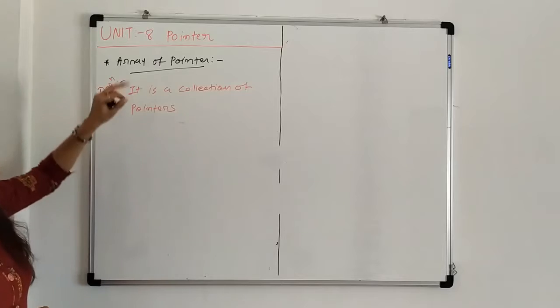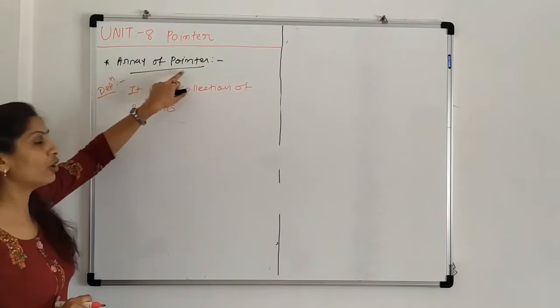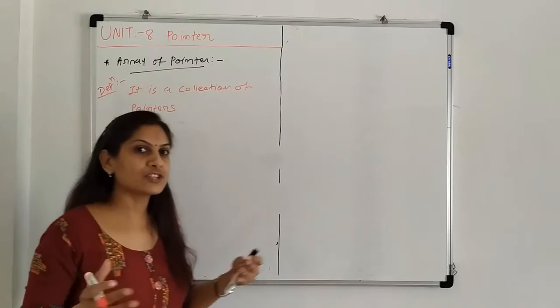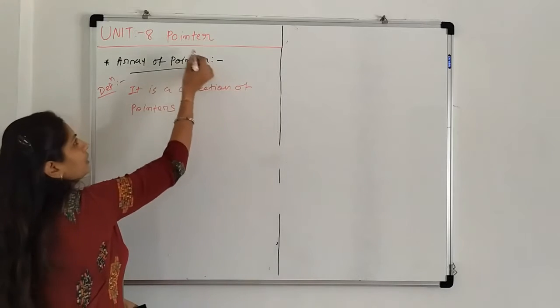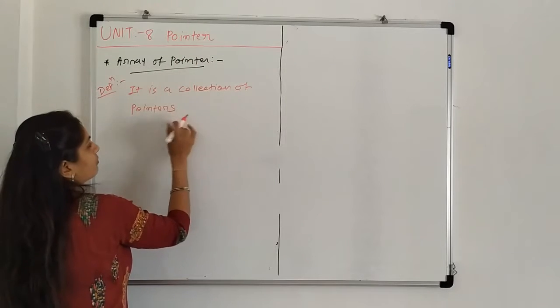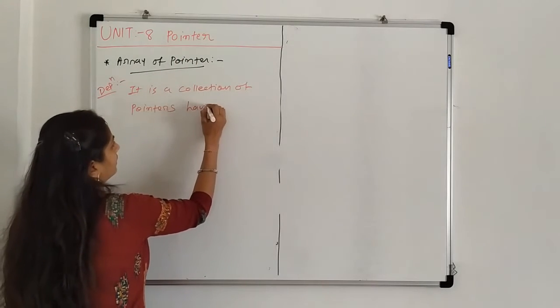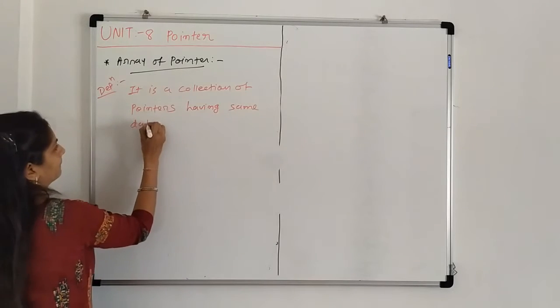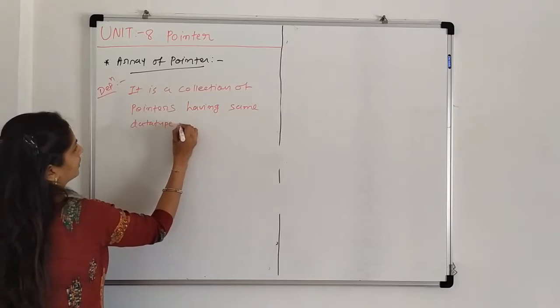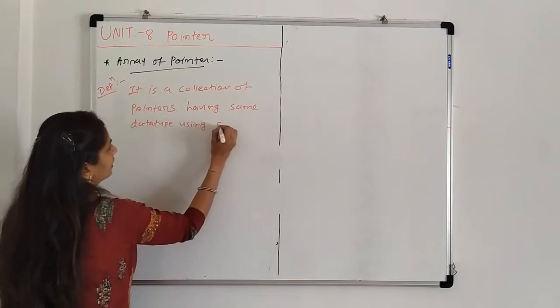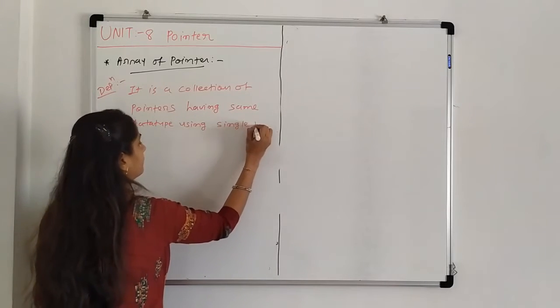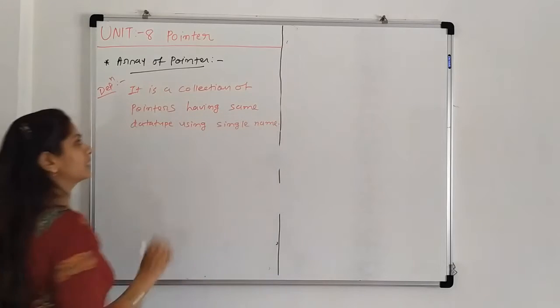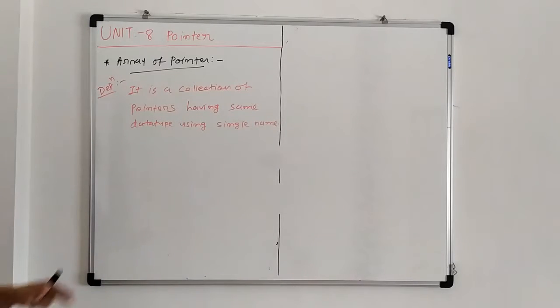But now the topic is array of pointer, so it is a collection of what? Pointers. It is a collection of pointers having the same data type using a single name. That is the definition of array of pointer.